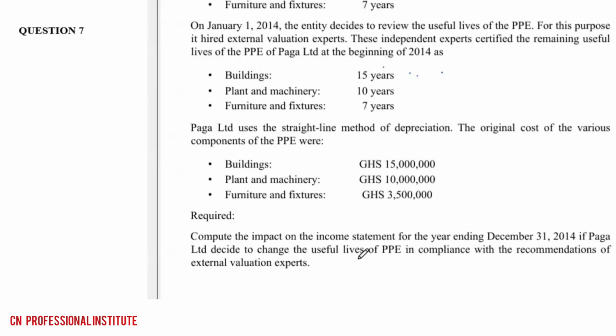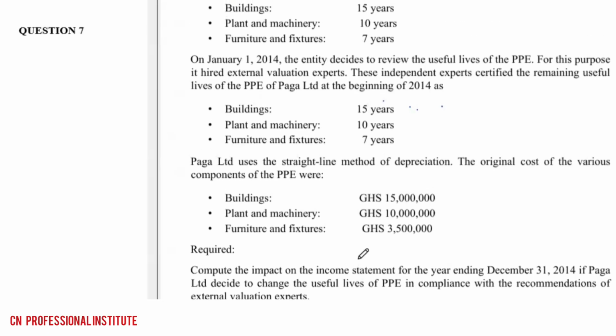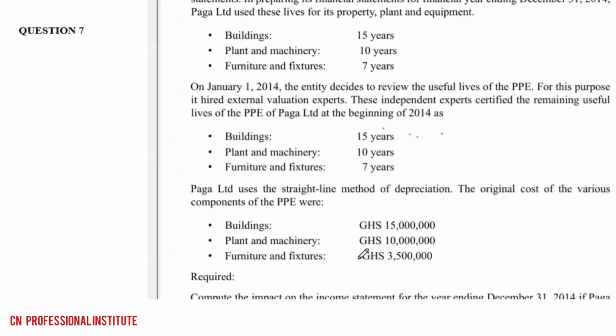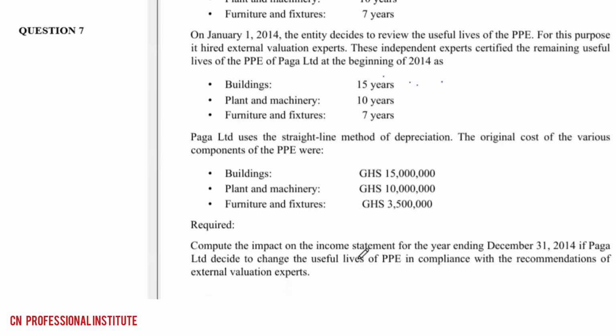So there has been a change in accounting estimate. They've changed the useful life, right? Paga Limited hired external valuation expert and they revised the remaining useful life of the PPE, right?